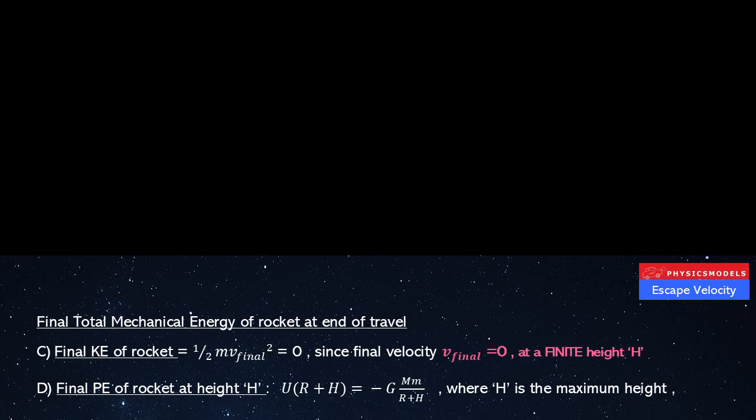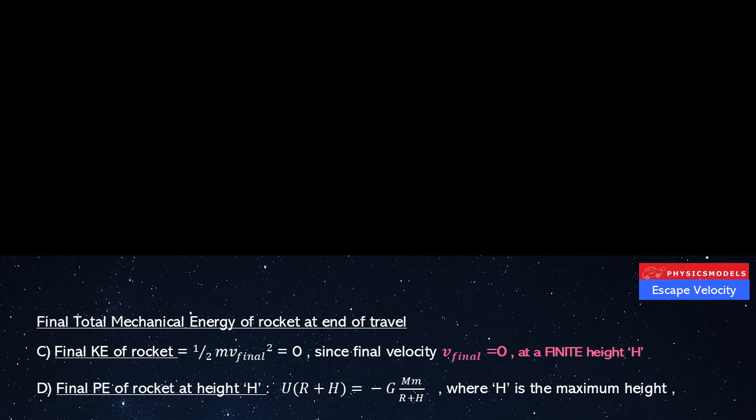Now we line up the initial total mechanical energy with the final total mechanical energy. The final kinetic energy of the rocket is straightforward. It's half m into v final whole squared. By the way, that's 0 at a finite height h. The final potential energy of the rocket is U(r plus h).